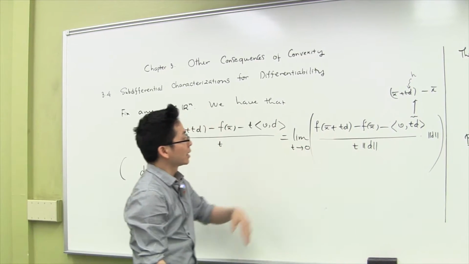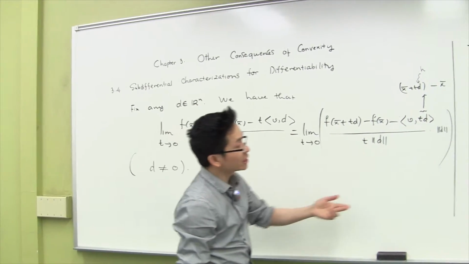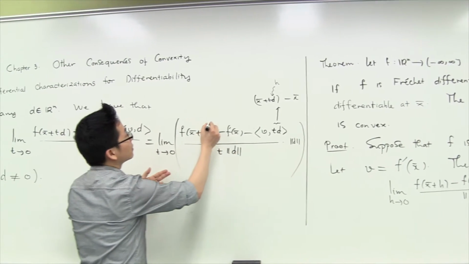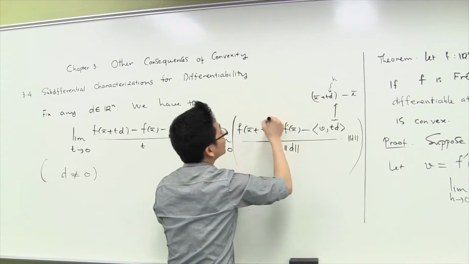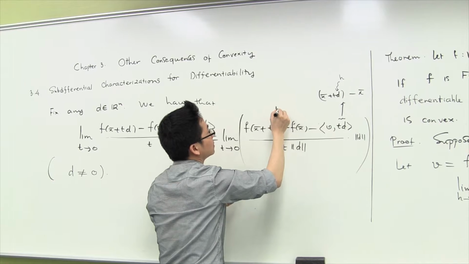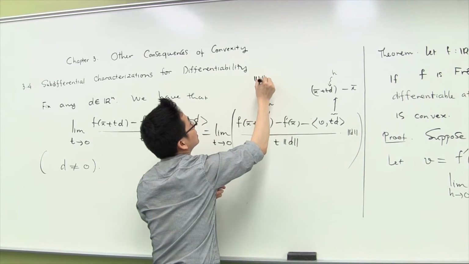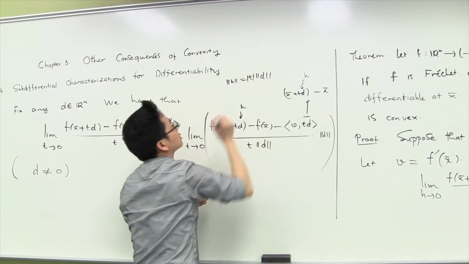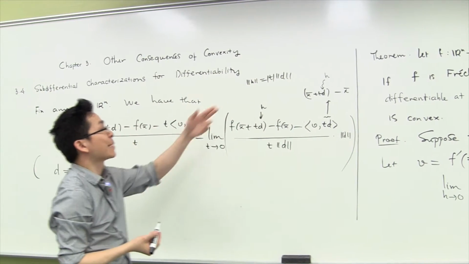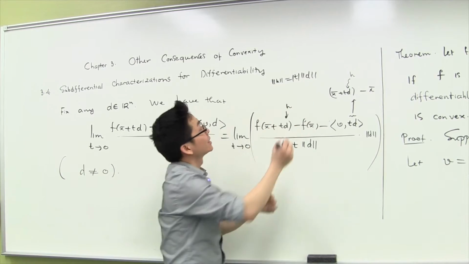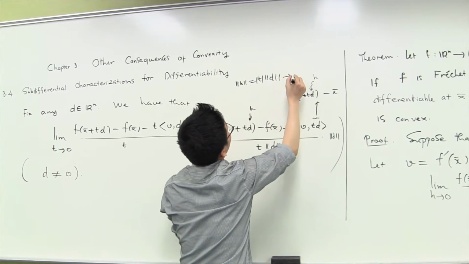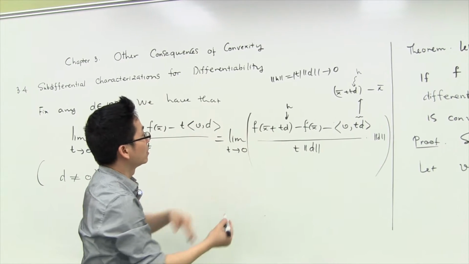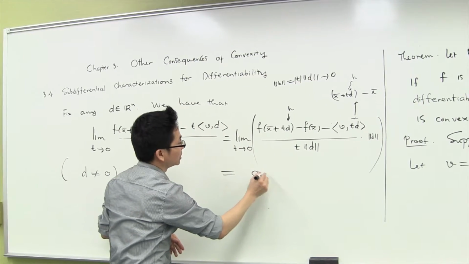Because this limit is equal to 0, and over here for h to be t times d, the norm of h is the absolute value of t times the norm of d, and this goes to 0 as t approaches 0. Therefore, this limit is equal to 0.